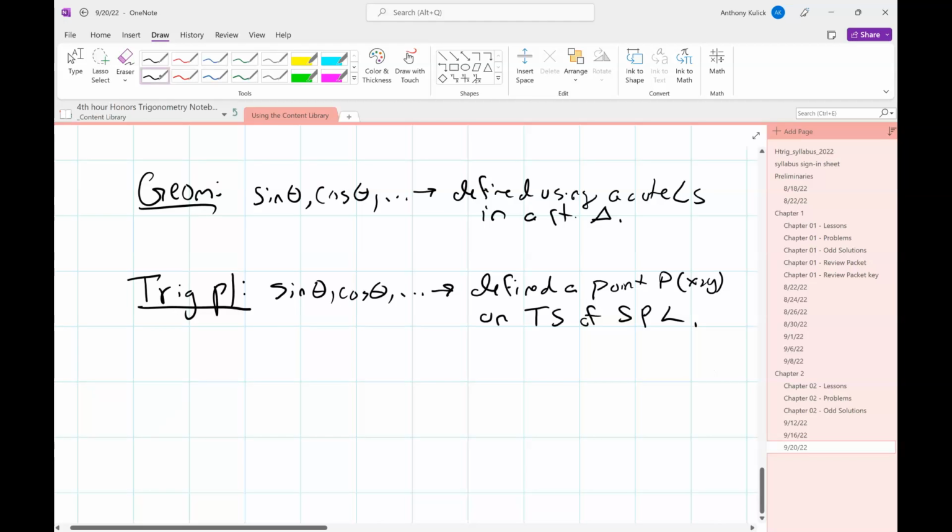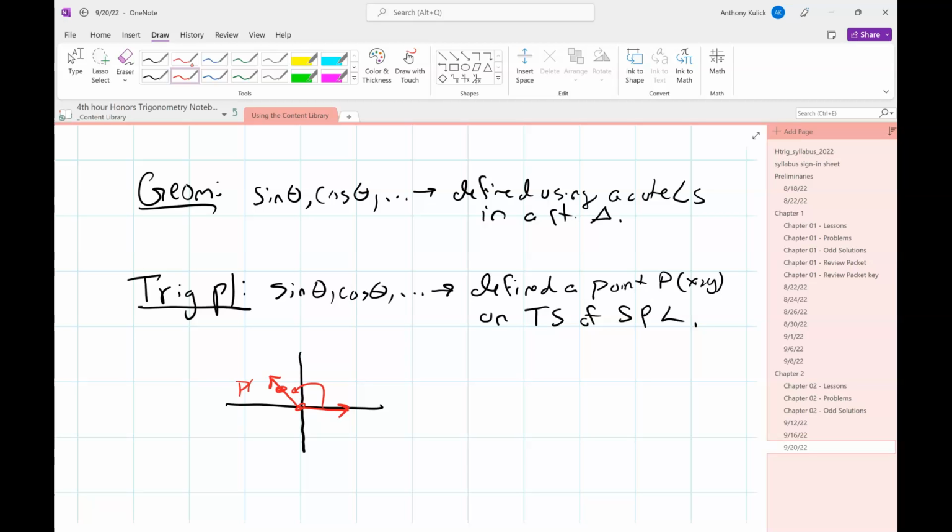So what did we say there? We said that for some standard position angle, standard position means the vertex of the angle is at the origin and the initial side lies on the positive side of the x-axis, and then our angle measure is rotated about, starting at the initial side, pivoting at the origin, like this.